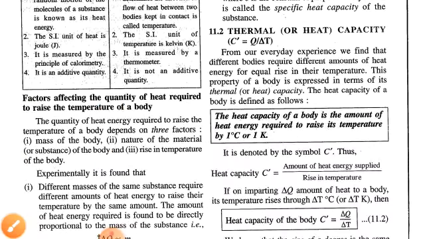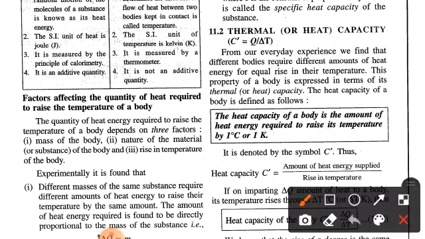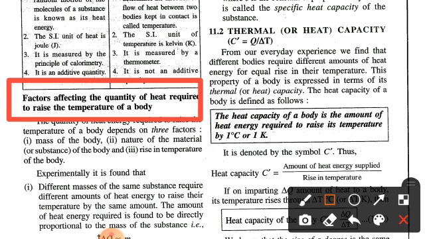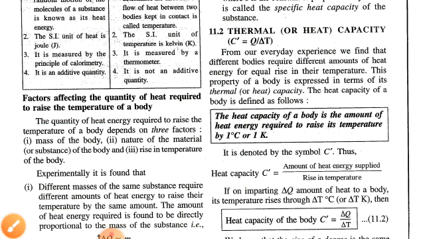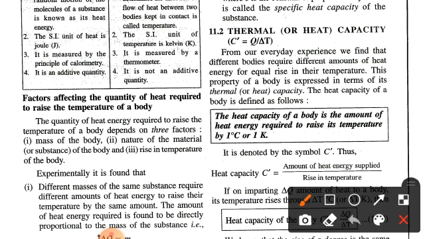Clear? Now here we will discuss the factors affecting the quantity of heat required to raise the temperature of a body. The quantity of heat energy required to raise the temperature of a body depends on three factors. Now you have to remember on what factors the heat energy for raising the temperature is dependent.